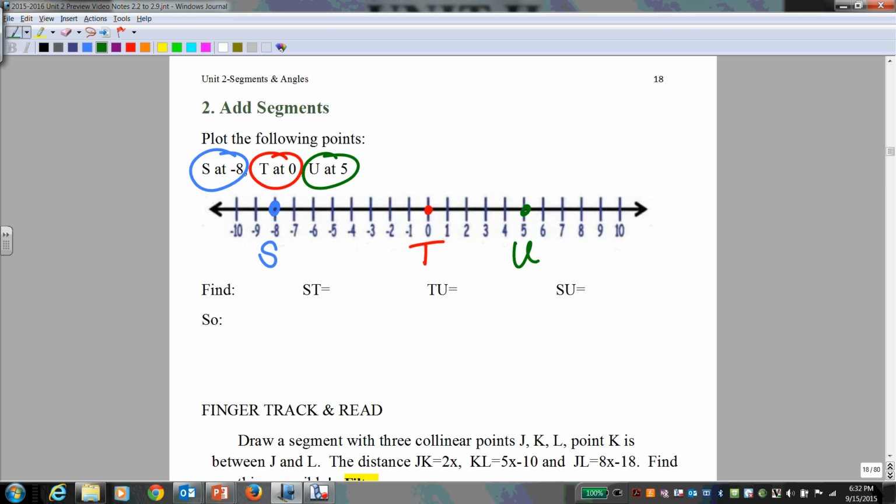Now let's find the distances between these. I want the distance between S and T. So physically bracket, get in the habit of bracketing distances. You can see that's -8 to 0, so that's going to be 8 units.